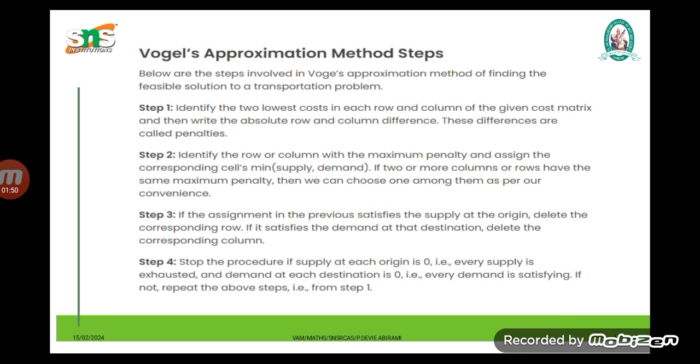If it satisfies the demand at the destination, delete the corresponding column. Step 4: stop the procedure if supply at each origin is 0, that is, every supply is exhausted, and demand at each destination is 0, every demand is satisfied. If not, then repeat the above steps.